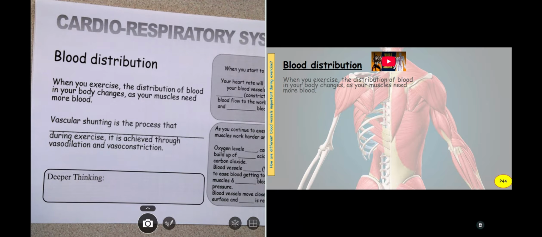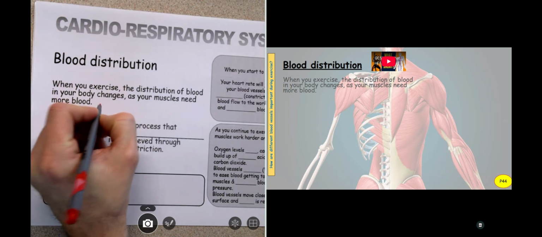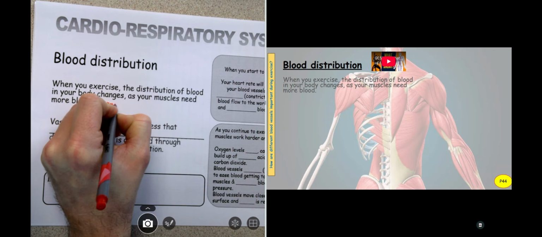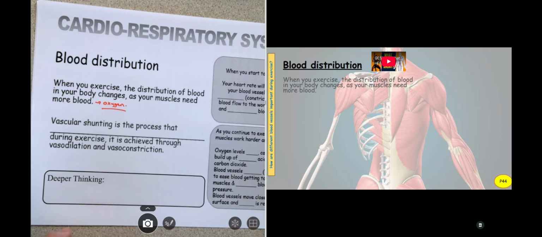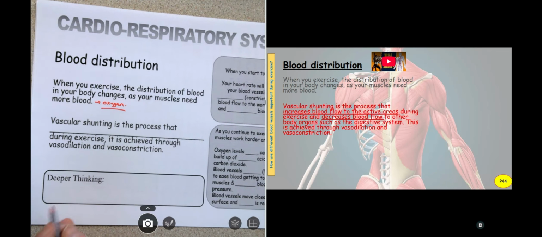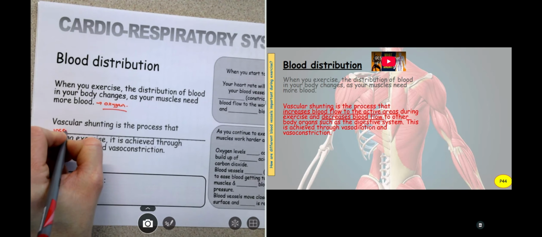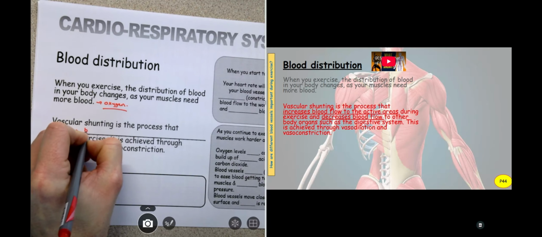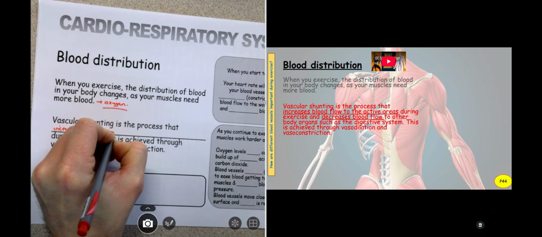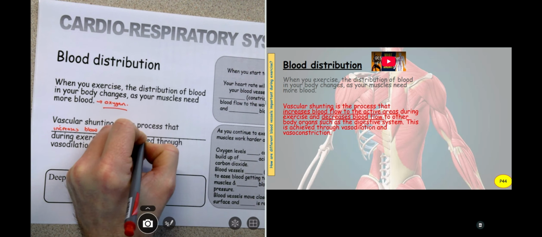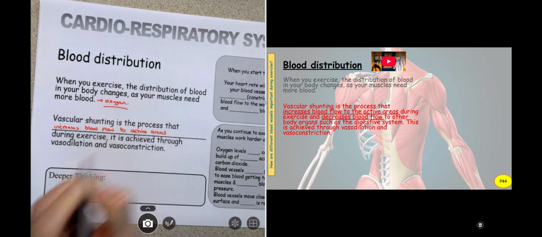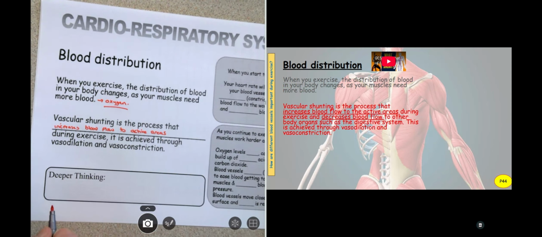So when you exercise, the distribution of blood in your body changes as your muscles need more blood. Really, they need more oxygen. So vascular shunting is the process that increases blood flow to active areas during exercise, and it would decrease blood flow to areas where it's not needed.